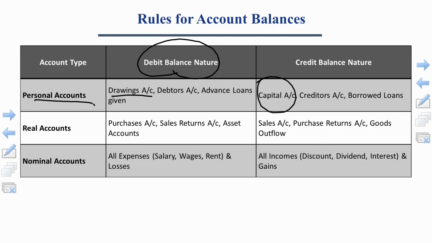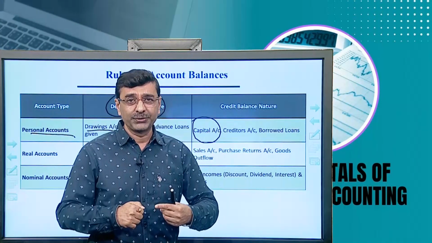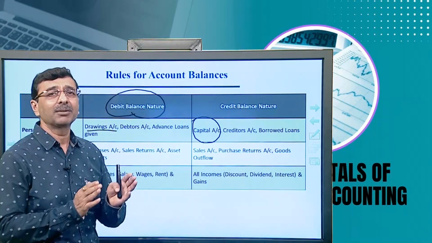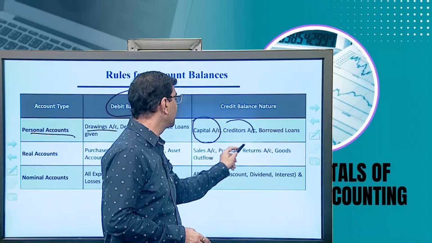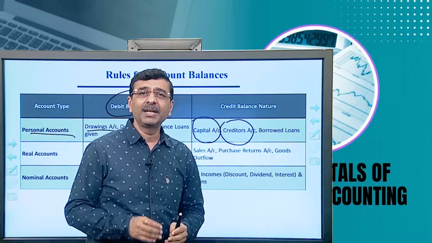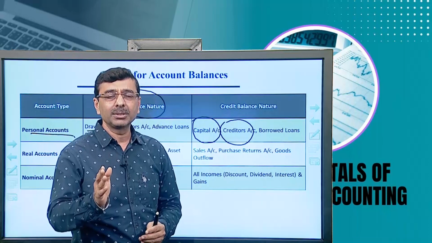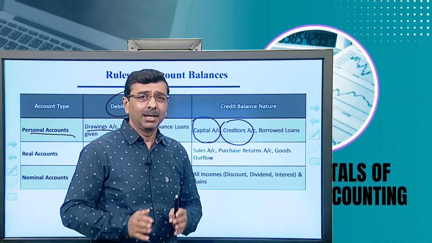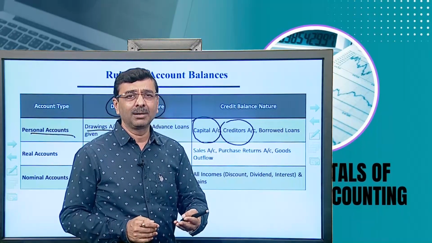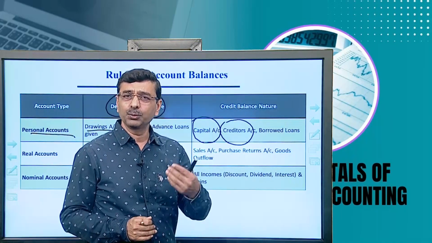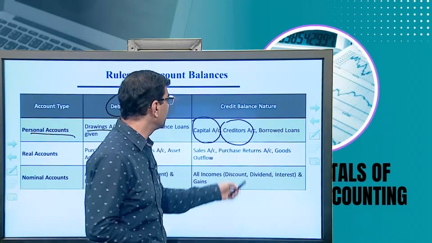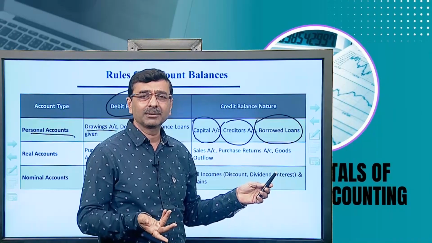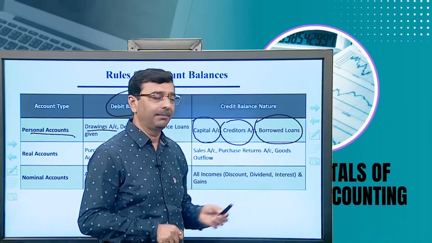Creditors: when we buy goods on a credit basis from a person, we owe that person, so it is our liability, and our liability is considered a creditor. In the case of loans taken from institutions, individuals or banks, ultimately we have to pay these outstanding liabilities to them. So it is our debt. For example, the loan from HDFC Bank. So the HDFC Bank loan is always considered a credit balance.